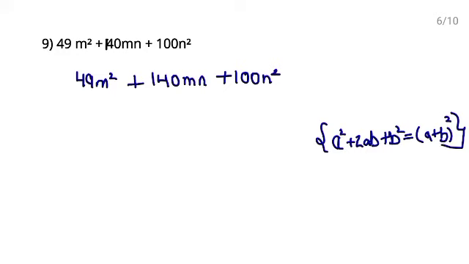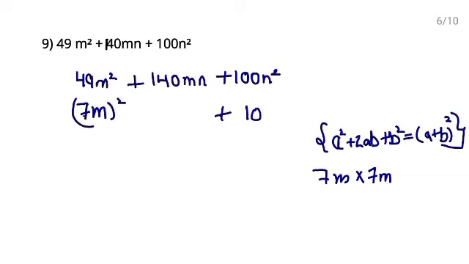So this can be written as 49m square is 7m whole square, because if you multiply 7m by 7m you will get 49m square, plus 100n square can be written as 10n whole square, plus in between this is 2 into a is 7m into b is 10n, right?